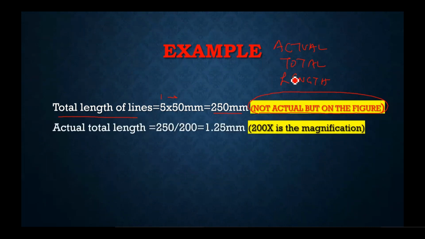Very good. So the actual total length would be the total length of the line on the screen divided by the magnification, which is 200 in this case. So your actual length of the line would be 1.25 millimeter. Clear enough?